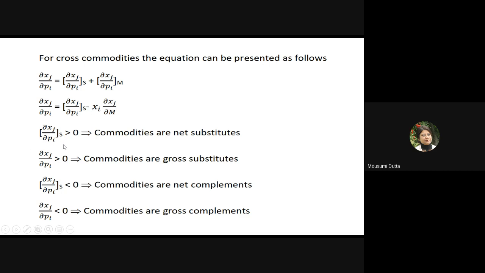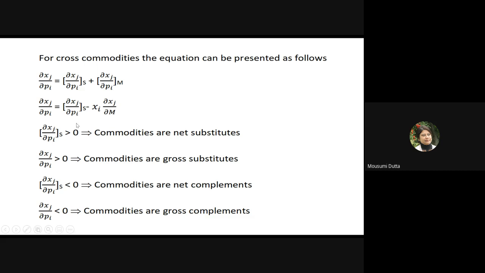Now del xj by del pi s, that is this right hand side term, is positive. That indicates commodities are net substitutes. I am emphasizing the term net substitutes. On the other hand, if this entire left hand side is positive, that is, the total effect is positive, we call the commodities gross substitutes to each other.